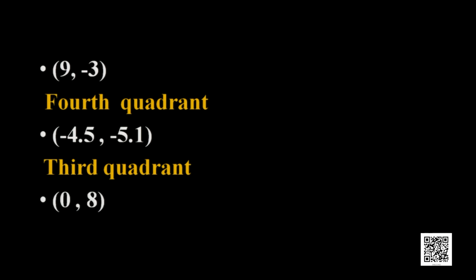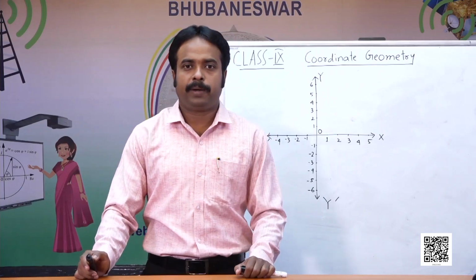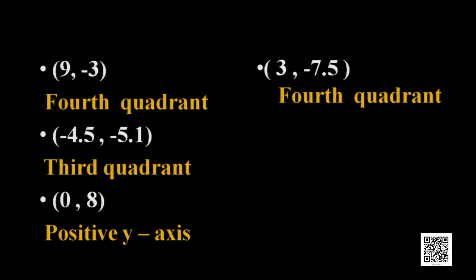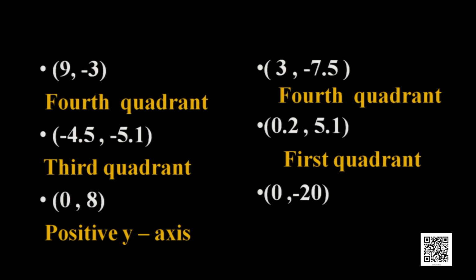And 0, 8, this is on the positive y-axis. 3, -7.5, this is the fourth quadrant. And 0.2, 5.1, both are positive, therefore this is the first quadrant. And 0, -20, as the x component is 0, this is lying on the negative y-axis.